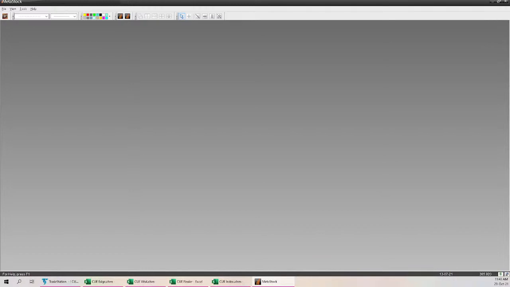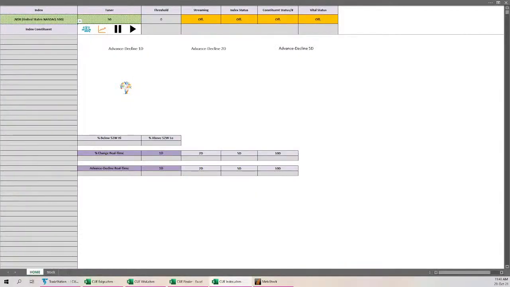We may try to look for some short setups, but before that, as I promised, let's look at Dow Jones Industrials components and see, is there any buy setup from them when Dow Jones Industrials made a new all-time high on Friday.